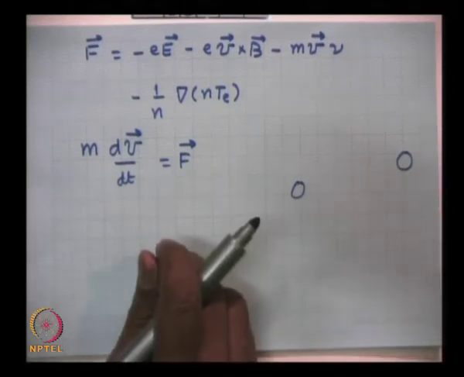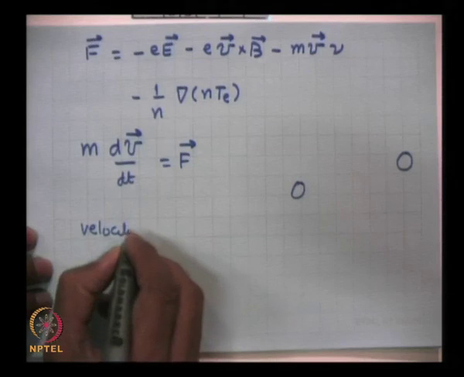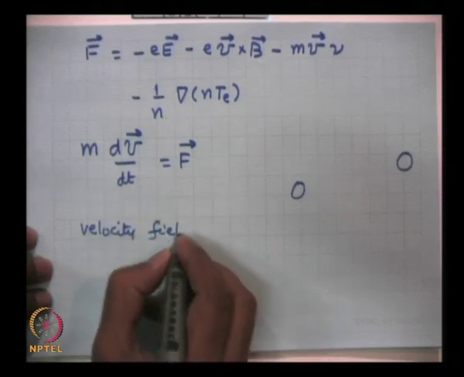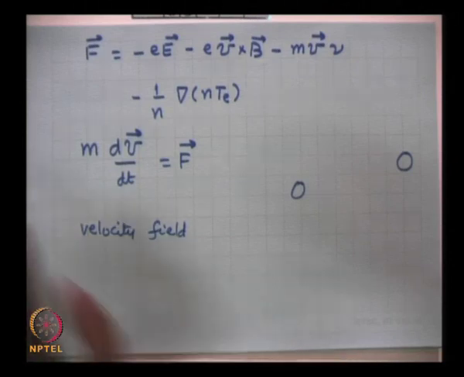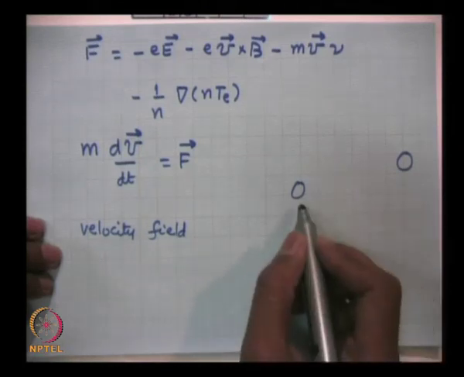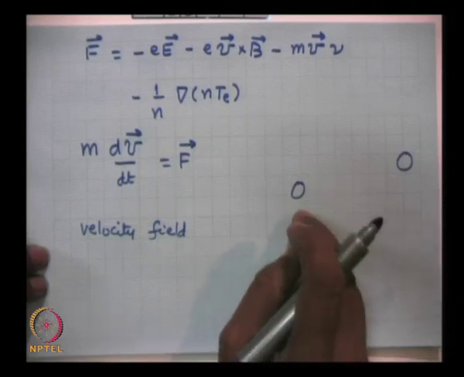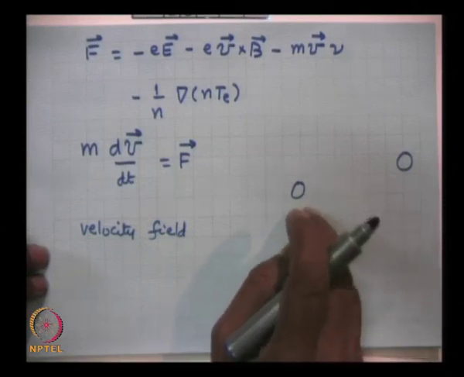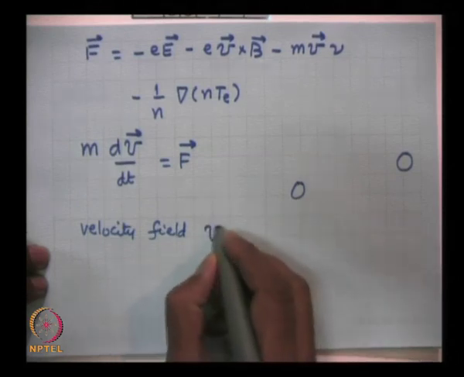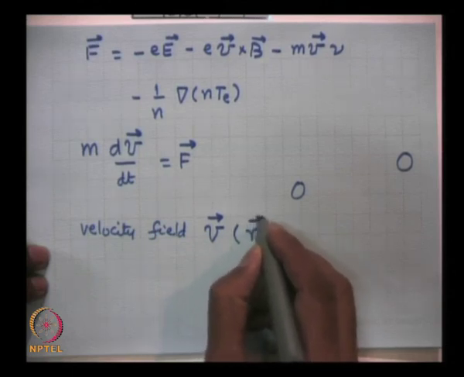So rather than specifying the velocity of an individual particle, we define V as a quantity called the velocity field. This means that I can divide my plasma into a large number of small volume elements, and in each volume there may be a large number of particles. So find their average velocities, but this average will depend on time as well as position. So this velocity field is the average velocity of particles located at position r at time t.